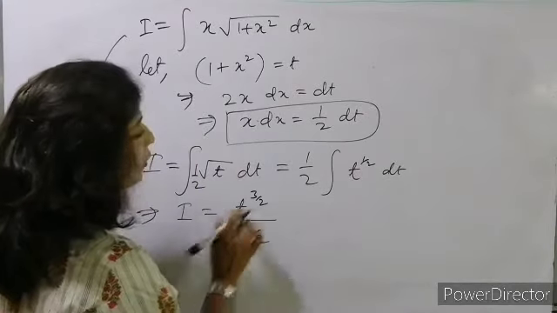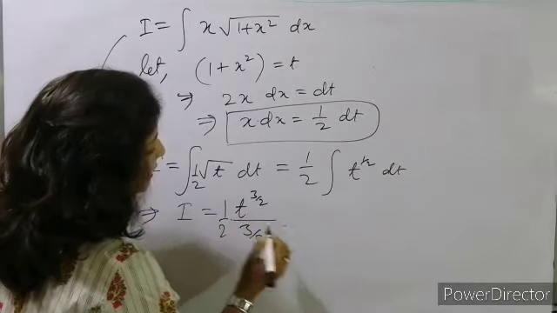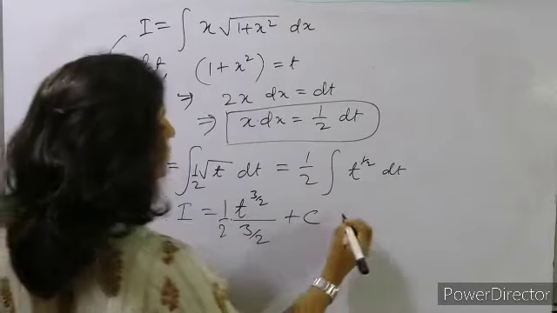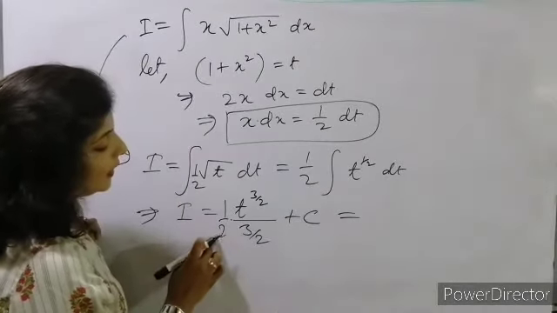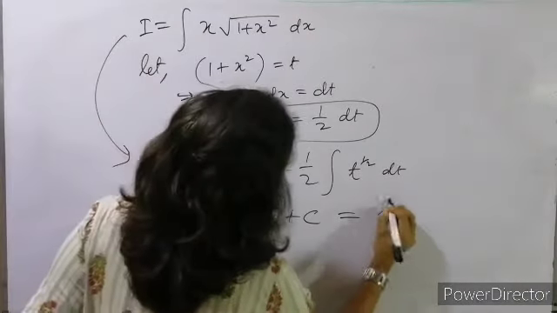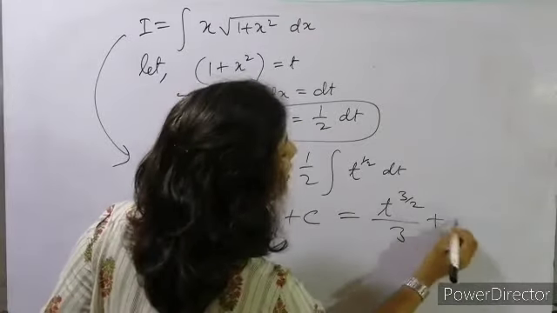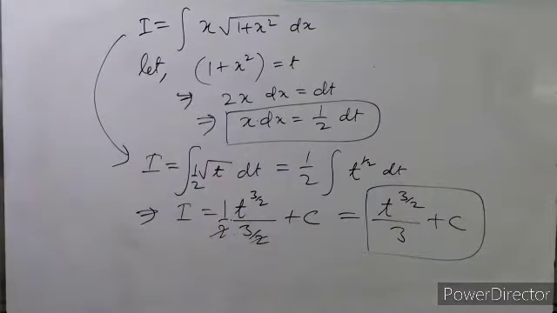And 1 upon 2 is also already there, multiplied with it, plus c. So what value will we get? This is 1 upon 2 multiplied by 3 upon 2. 2 cancels, it will be 3. So t to the power 3 upon 2 divided by 3 plus c. So this will be the integral of this function with respect to x.